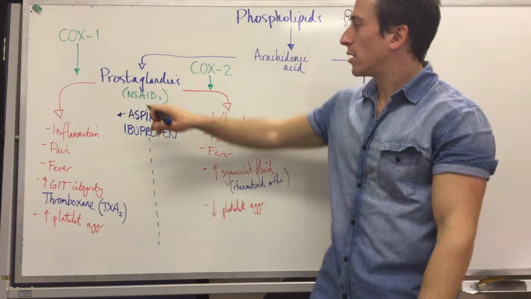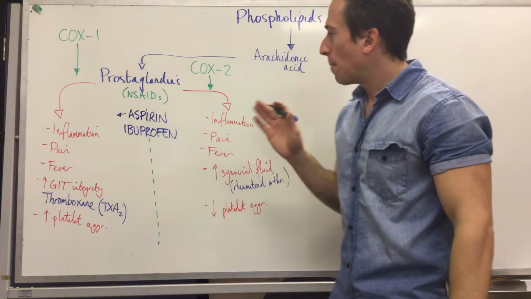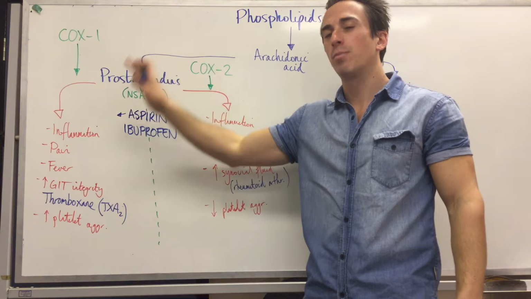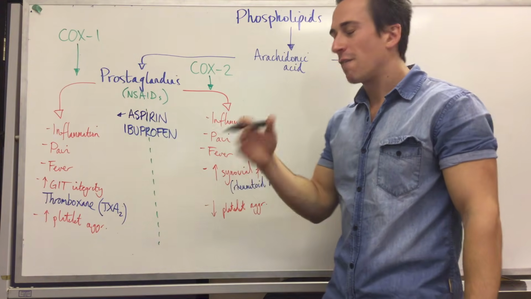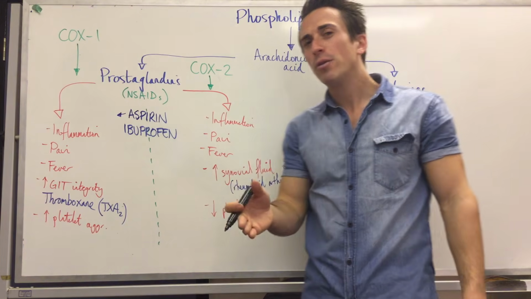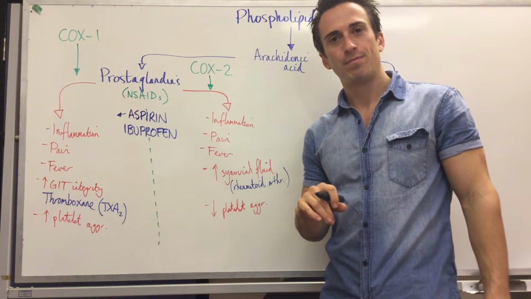It is a NSAID-like drug, and the reason why is this, because paracetamol, yes, does play around somewhere in this pathway. It is a very efficient analgesic and antipyretic, but paracetamol is actually not very good at reducing inflammation. Okay?